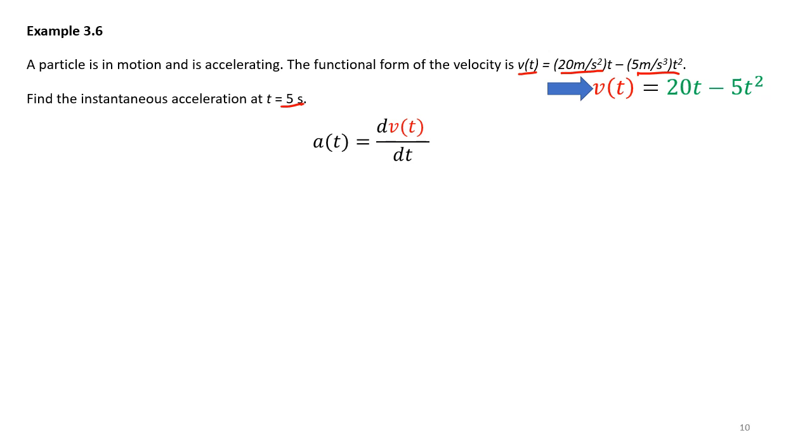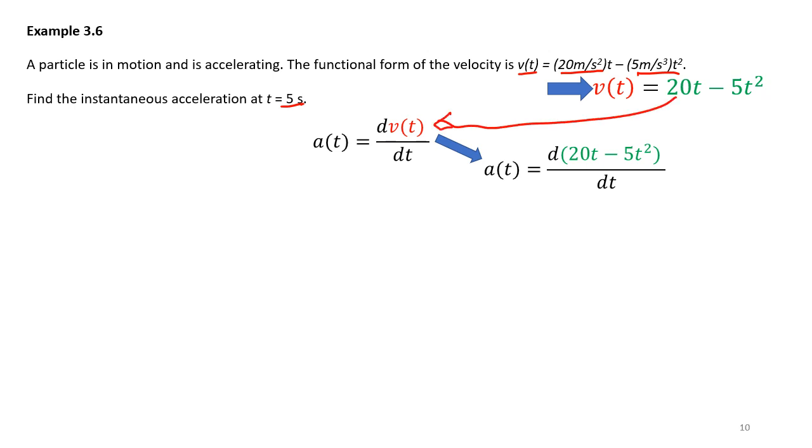The acceleration is dv by dt. So acceleration is d, substitute this function here. So you get d of 20t minus 5t square by dt. Then taking the differentiation of these two separately. First take this 20 out because it's a constant, 5 out.